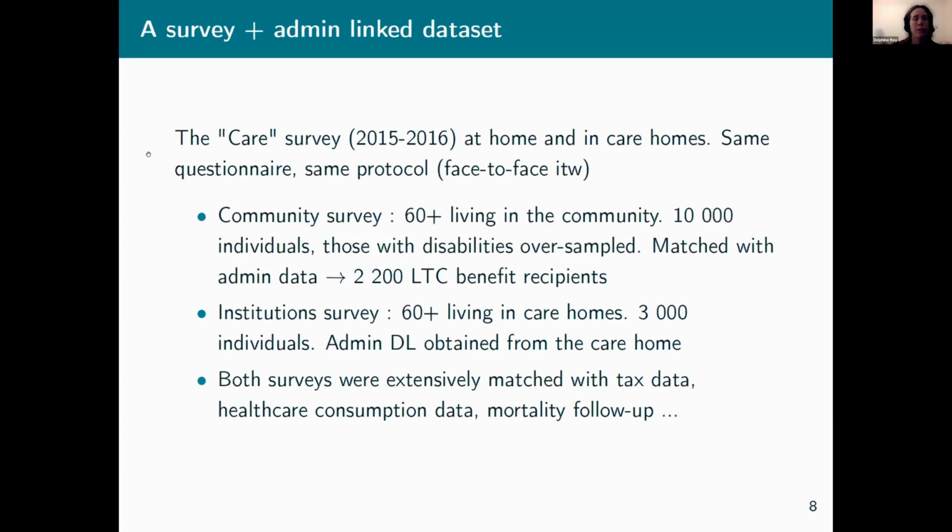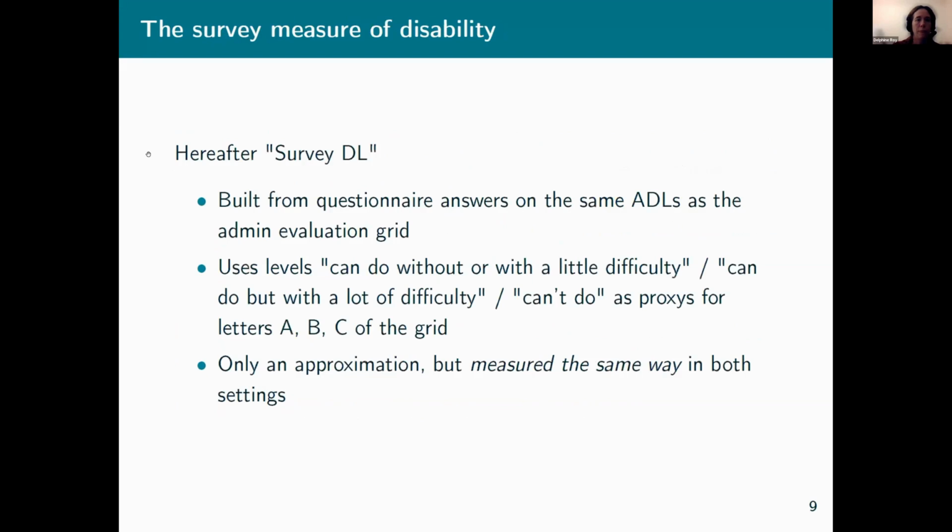So my data is this survey conducted in 2015-16 with roughly 2,000 long-term care benefit recipients at home and 3,000 in nursing homes, and they are matched with admin data. My baseline measurement of disability needs from the survey is built from the questionnaire.